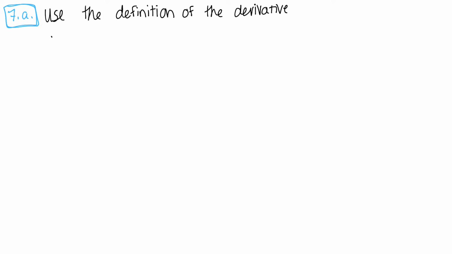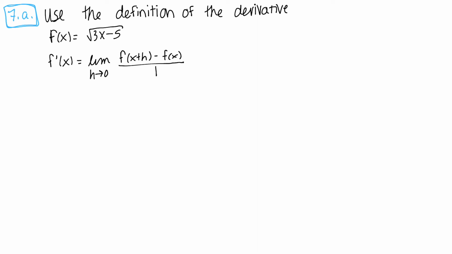So for part A, the function is f of x equals the square root of 3x minus 5. The definition of the derivative is the limit as h approaches 0 of f of x plus h minus f of x all over h. Remembering to bring the limit down each time. Limit as h approaches 0.